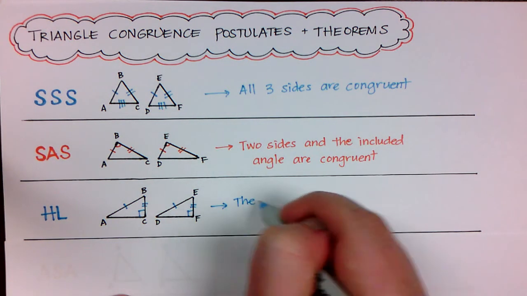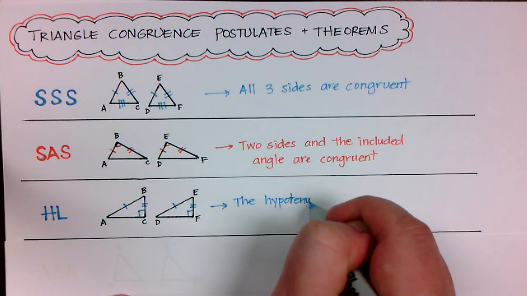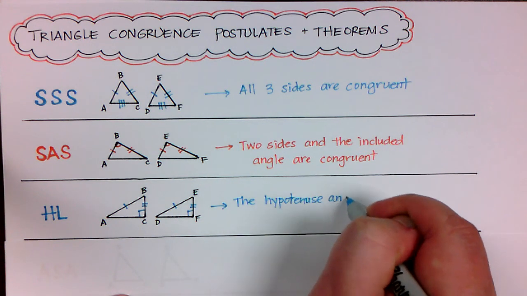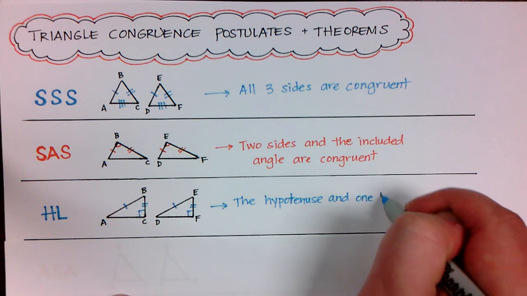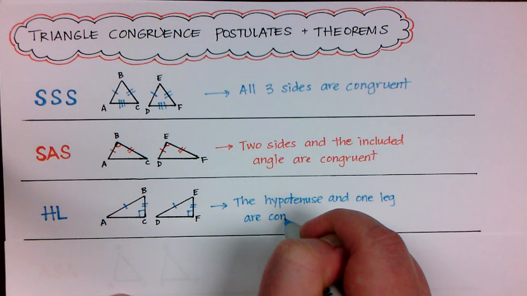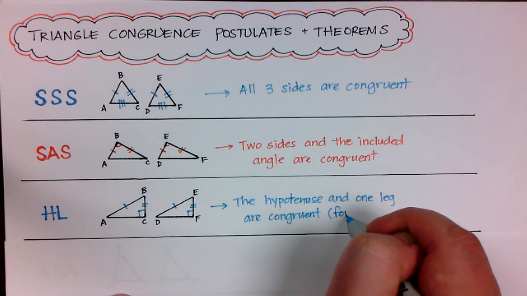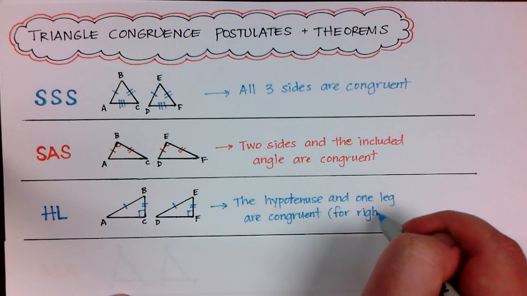So the hypotenuse and one leg are congruent. This is for right triangles.